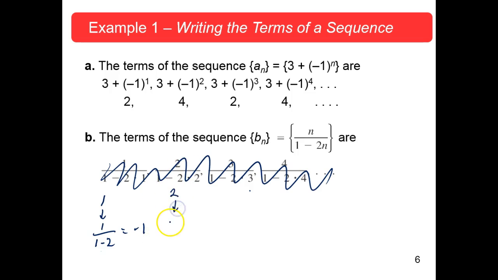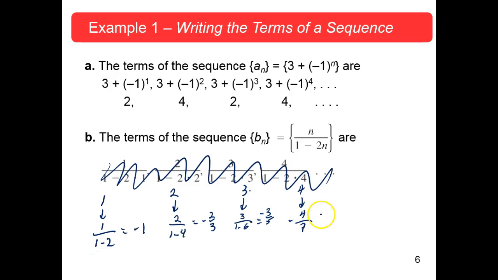2 would map onto 2 over 1 minus 4, which would be negative 2/3. 3 would map onto 3 over 1 minus 8, which would be negative 3/5. 4 would map onto 4 over 1 minus 16, negative 4/7.